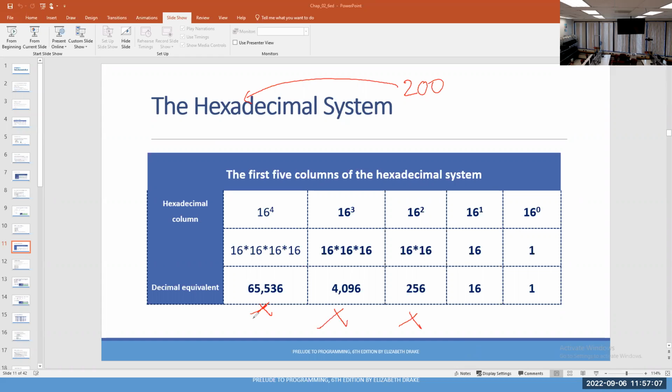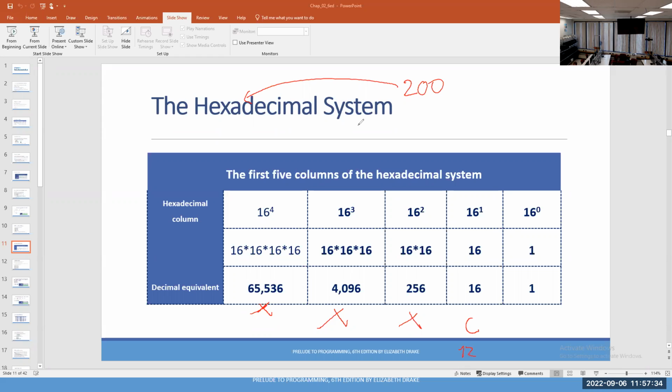What do you think? Yeah, 12. And of course, 12 in hexadecimal is C, so C here means 12.